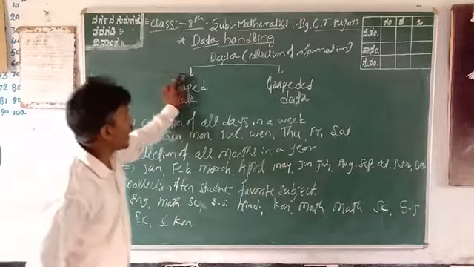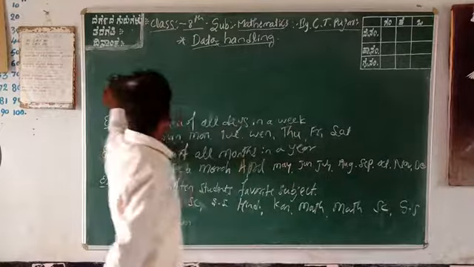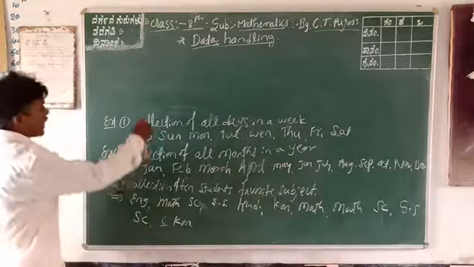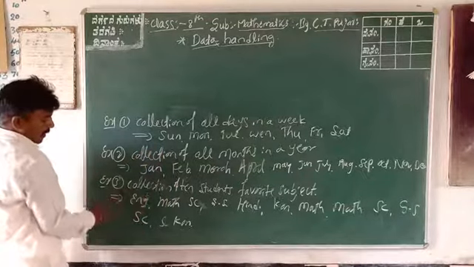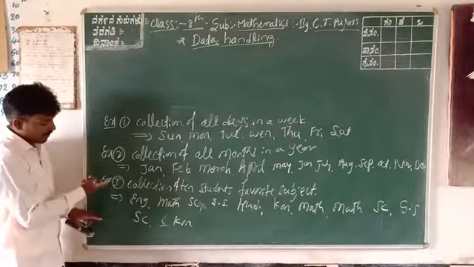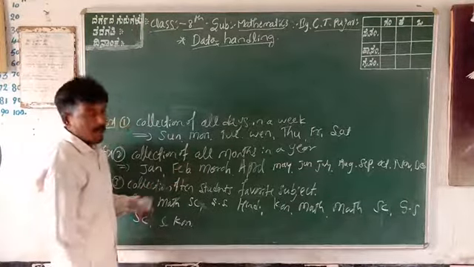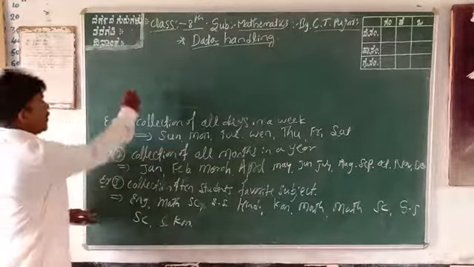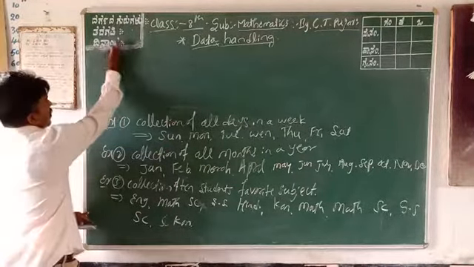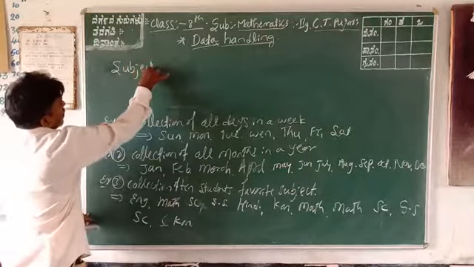You can write it in a table. Take the third example, the collection of 10 students' favorite subjects, and write it in a table. One side is subjects.